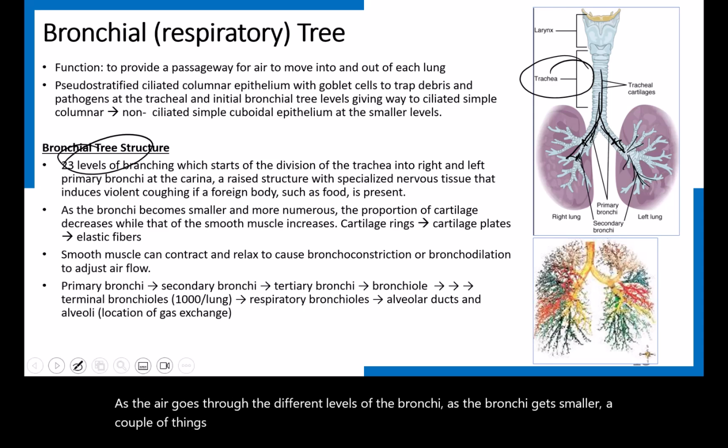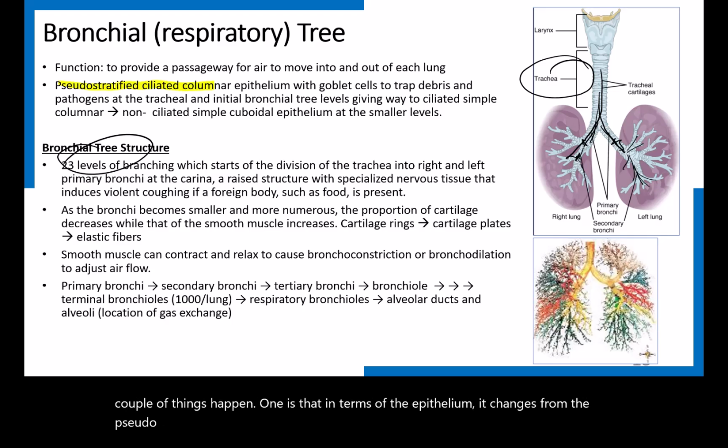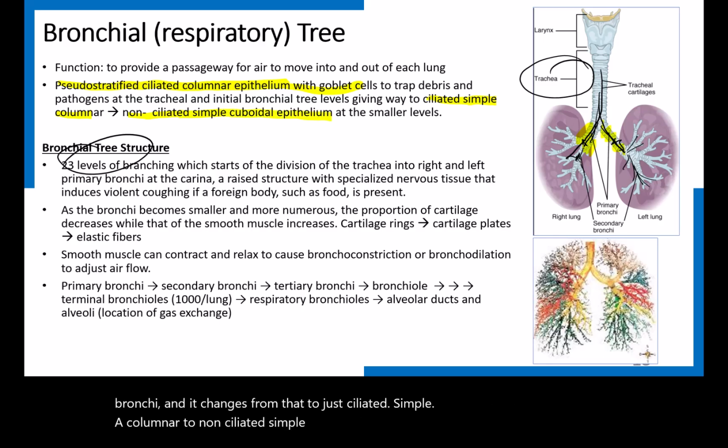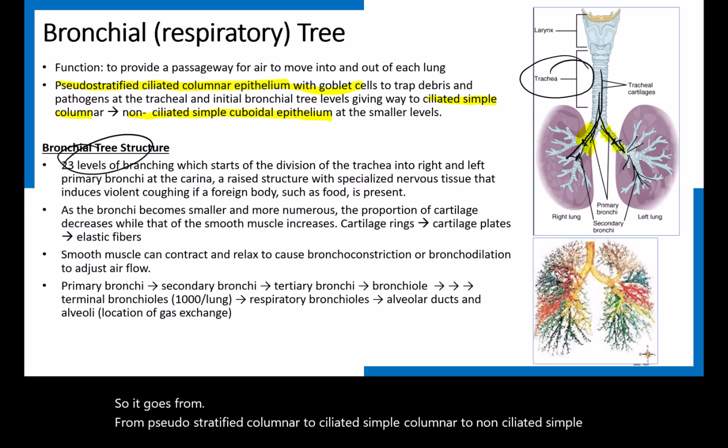One is that in terms of the epithelium, it changes from the pseudostratified ciliated epithelium with goblet cells at the larger levels of the bronchi to just ciliated simple columnar, and then to non-ciliated simple cuboidal epithelium at the smaller levels.